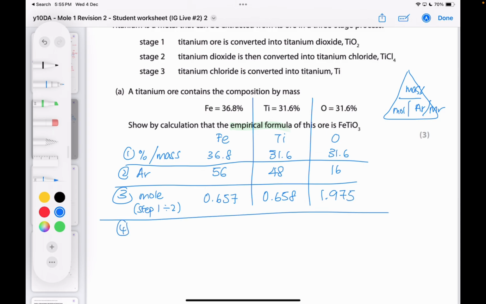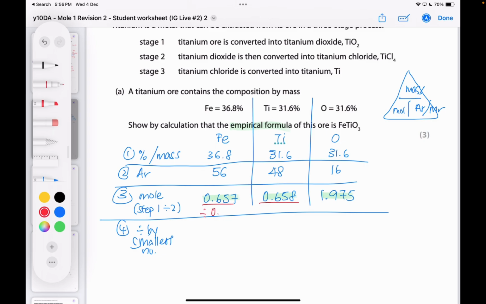Fourth step, divide by smallest number. And what do we mean by that? You compare these three and you try to identify among these three which is the smallest. You will see that, hey, these two, they are actually the smallest. They are very similar.